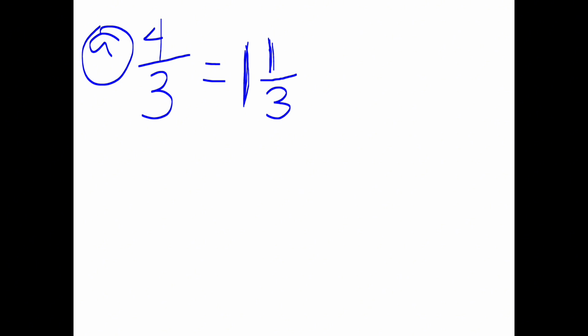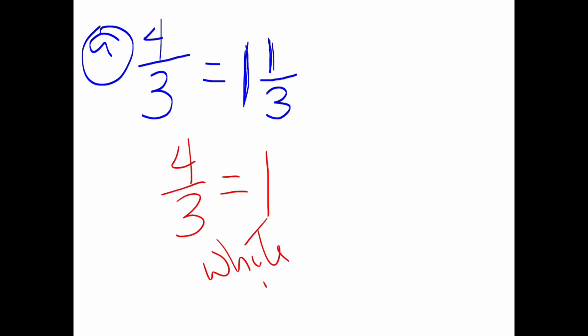Do you understand? Let me recap. You have 4 divided by 3. 4 divided by 3 will give you 1. The 1 will serve as your whole number. You are going to have a remainder which is 1, right?